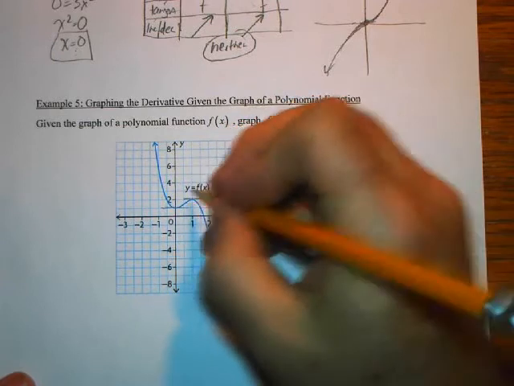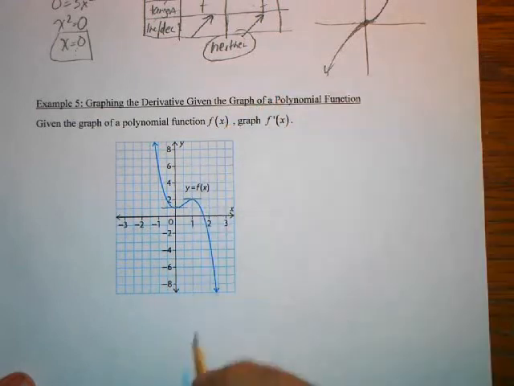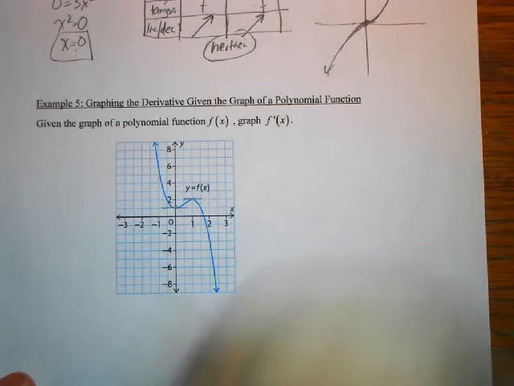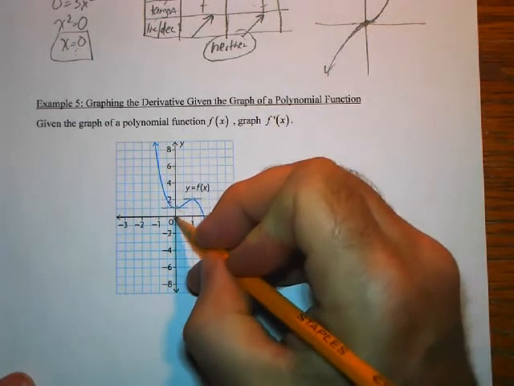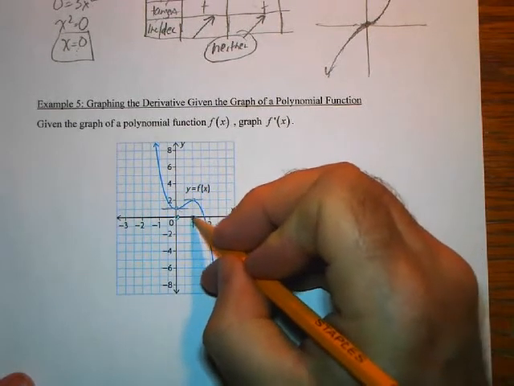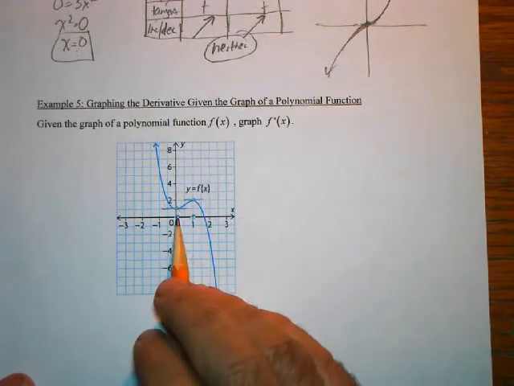So I have a point here and here that are critical points, and that means the slope is 0. So if I'm graphing f prime of x, I know I have points at y equals 0 because the slope is 0 at 0 and 1.